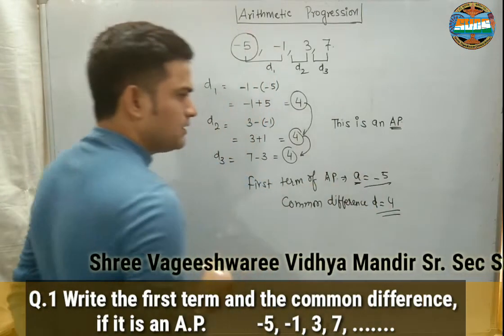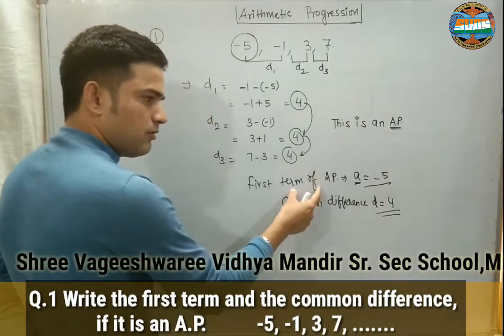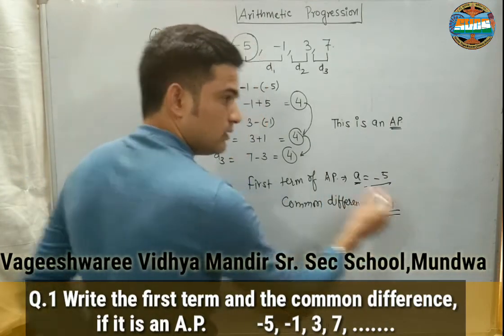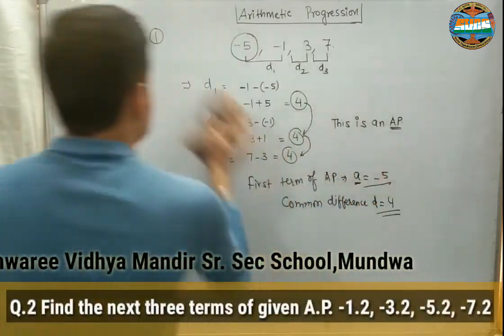So the answer of this question is: this is an AP. The first term of AP is -5 and the common difference is 4. Then we go to the next question.